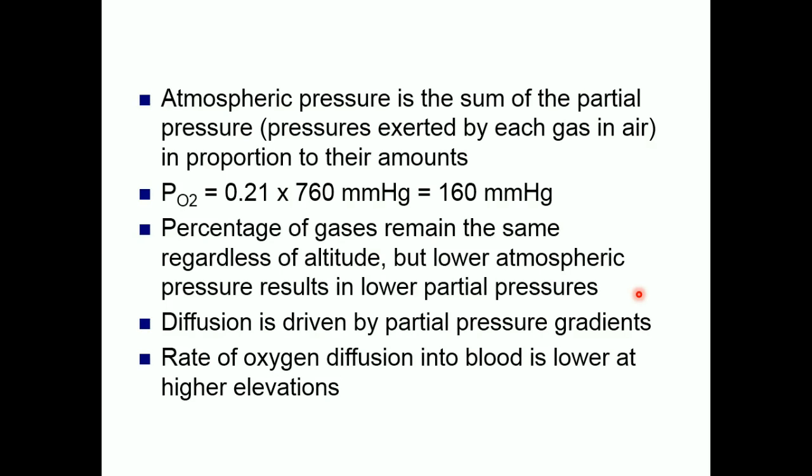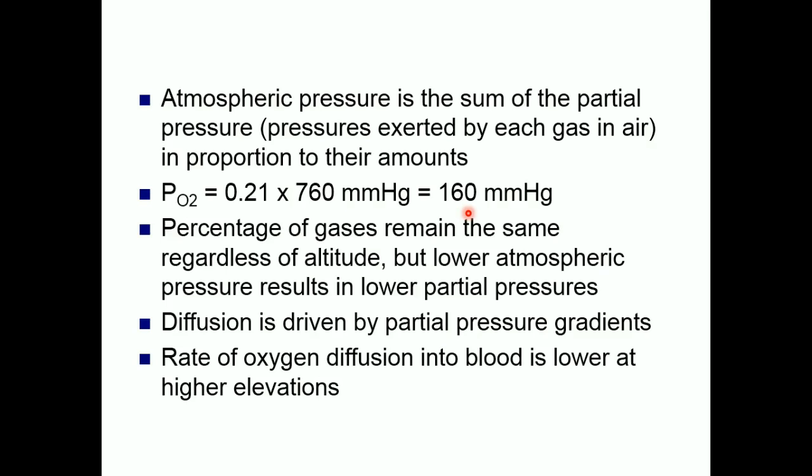Now, if the total amount of atmospheric pressure is 760 at sea level, and we have an oxygen content of roughly 21%, that means that the contribution to the total pressure in the atmosphere by oxygen is about 160 millimeters mercury. So this is the amount of pressure that oxygen exerts in the atmosphere.